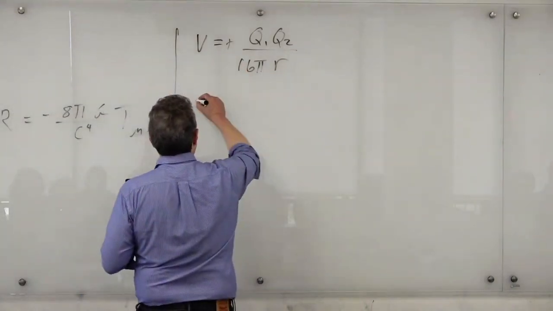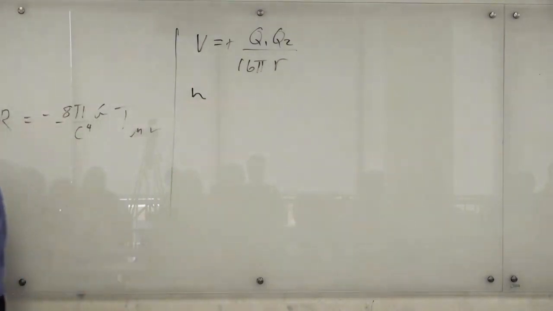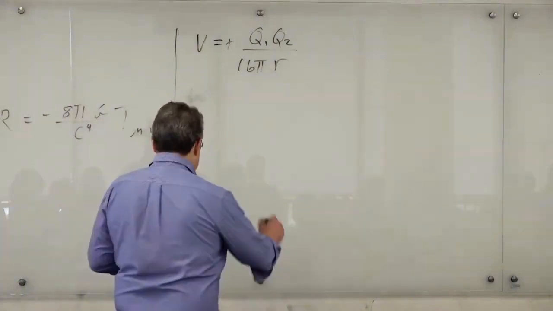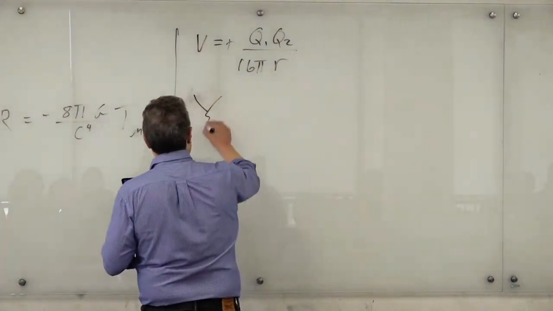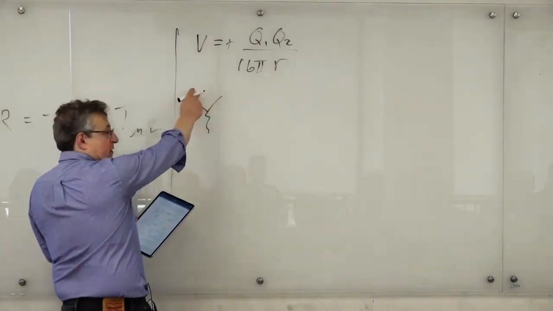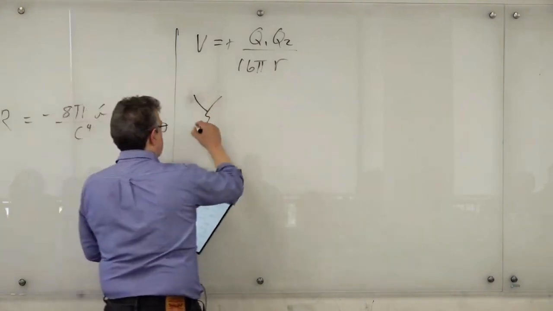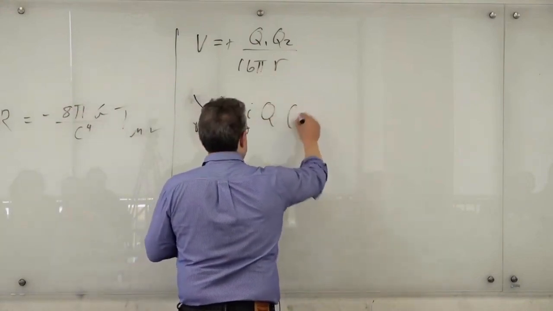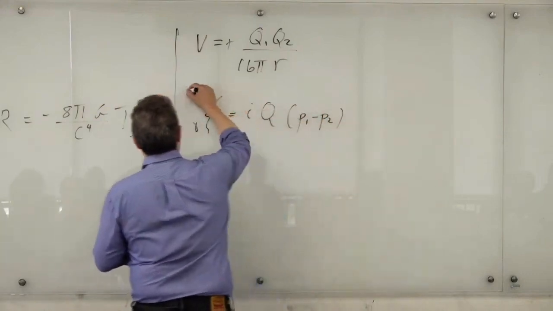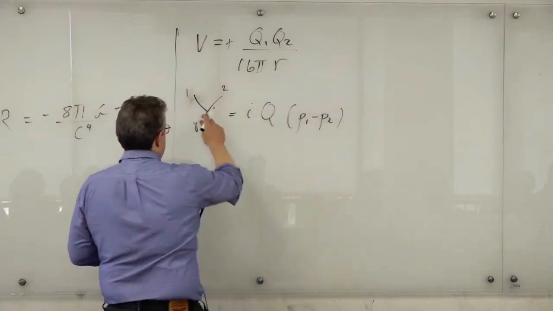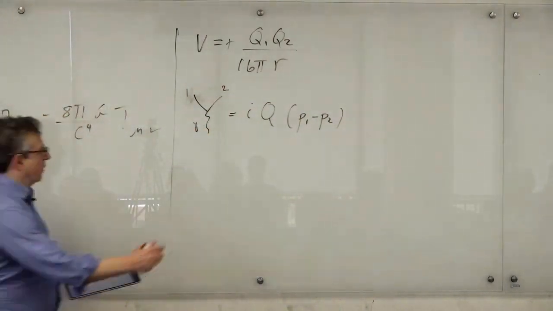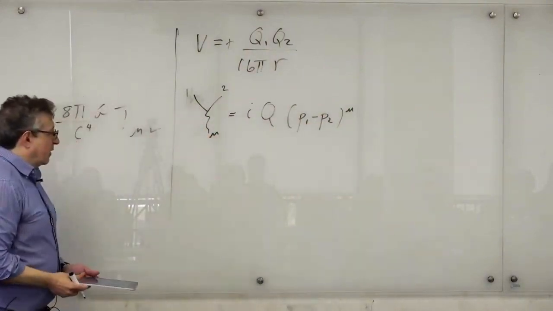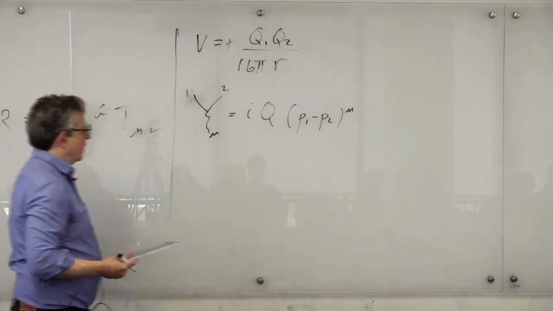And my normalization comes from wanting the interaction between the scalar particle, the spinless particle, and a photon to be iQ(P1 minus P2)^mu, where 1 and 2 are the scalar legs and mu is the Lorentz index of the photon.